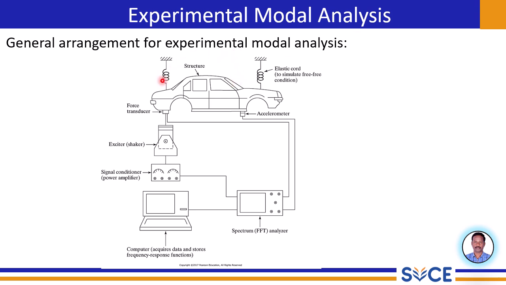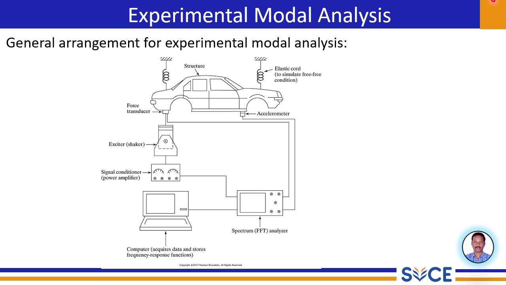On the structure itself, we can see accelerometers attached at different locations. We discussed that accelerometers are commonly used to measure the vibration response of the structure at various points. The signal from this accelerometer represents the structure's acceleration at that location.